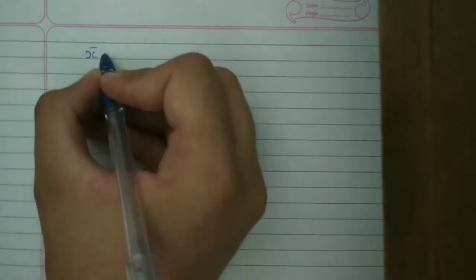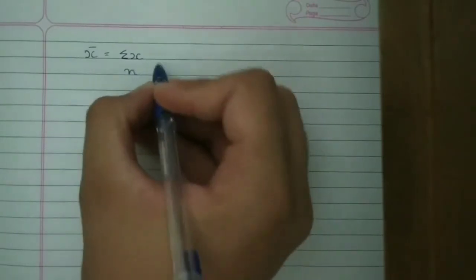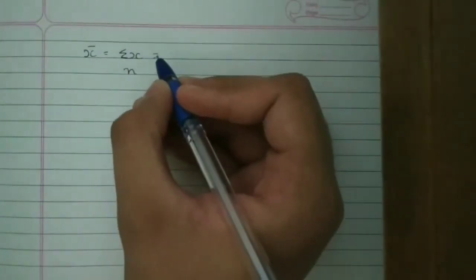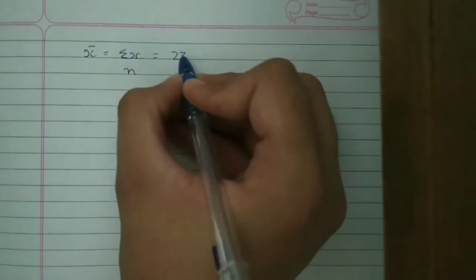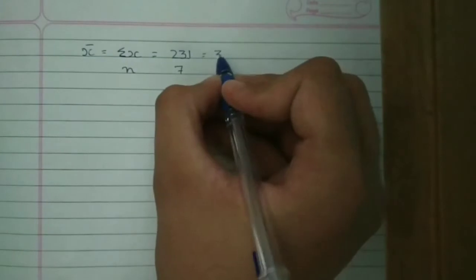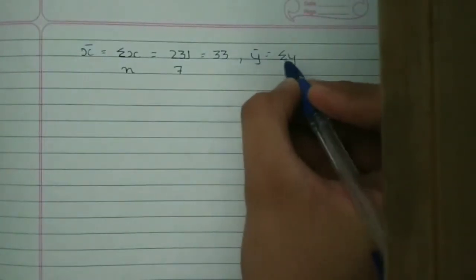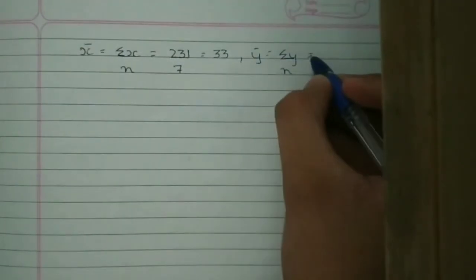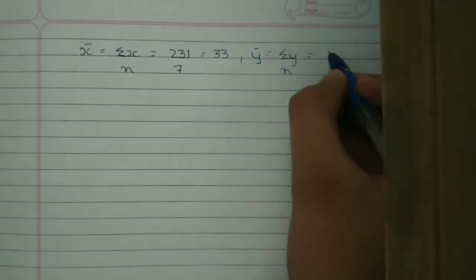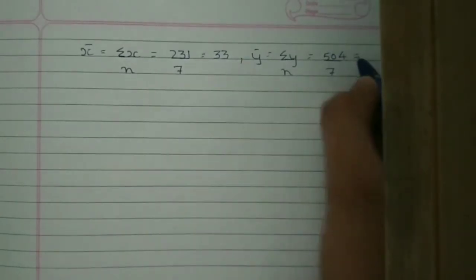First, we will find x bar, which is equal to sigma x upon n, which is 231 upon 7, equal to 33. Now y bar is equal to sigma y upon n, sigma y is 504 upon 7, which is equal to 72.